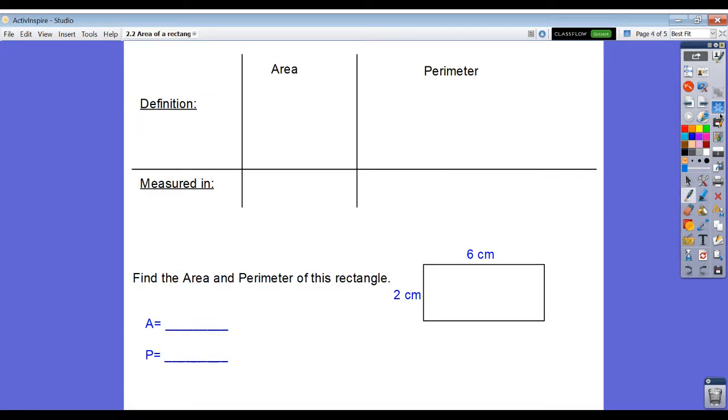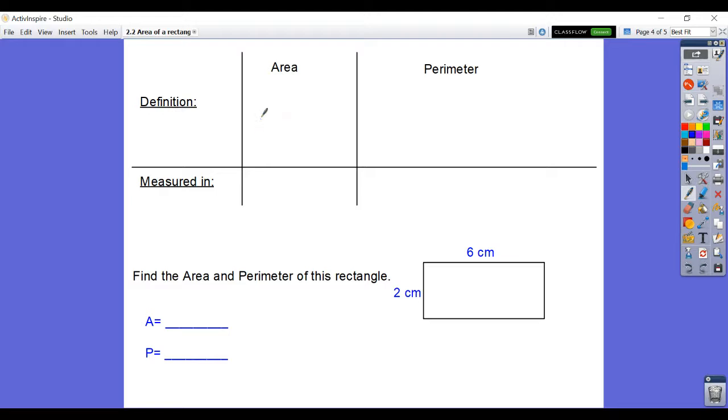I'd like to compare area and perimeter of rectangles. So we said the area is the amount of surface inside. And that is the key word. Underline it a million times.